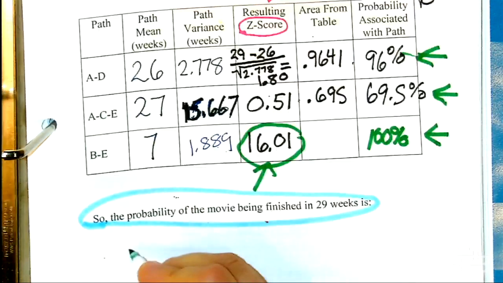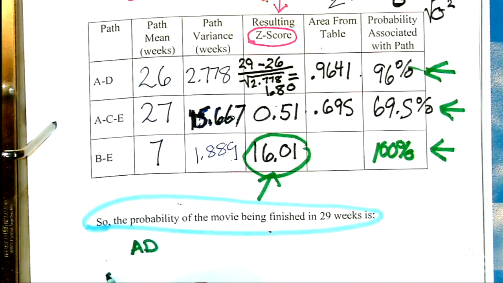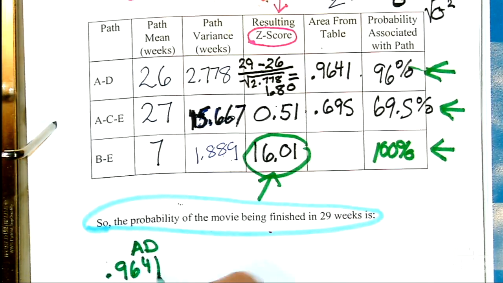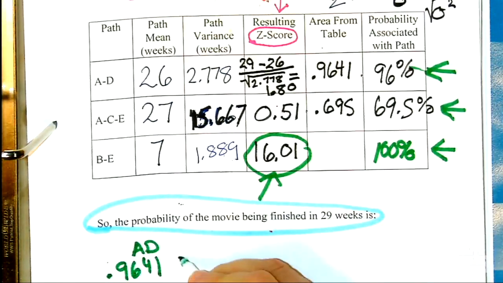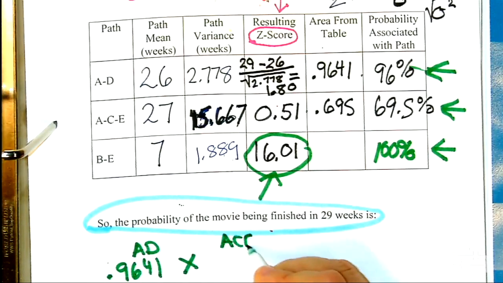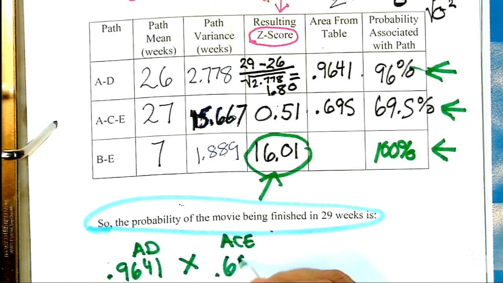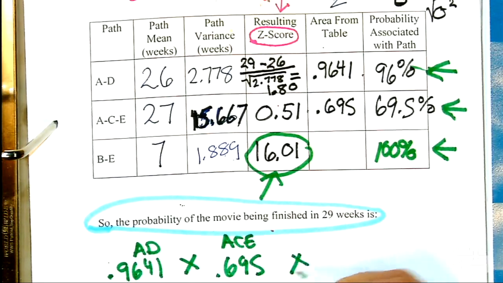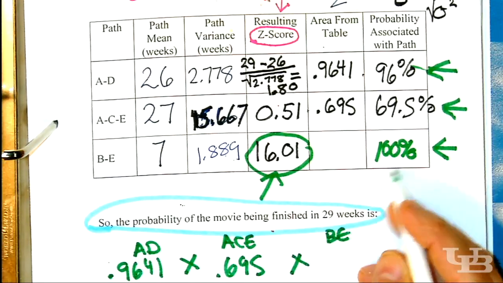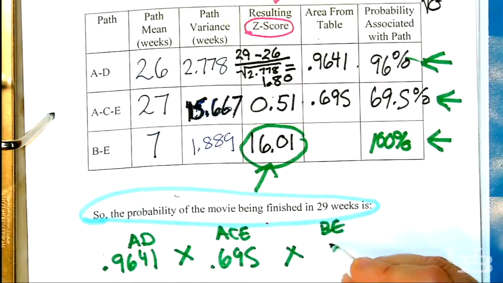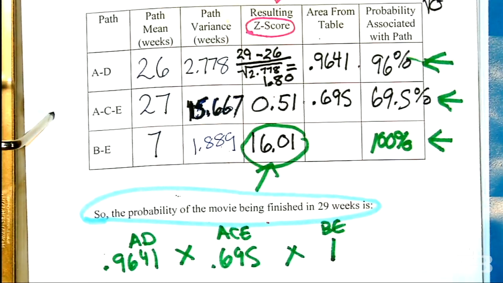So, from path AD, we have 0.9641. That was from the z-table. Times, from path ACE, we have 0.695. Times, from path BE, that's the one I said, forget about it. You can forget about it algebraically. It's 100%, which is a 1.